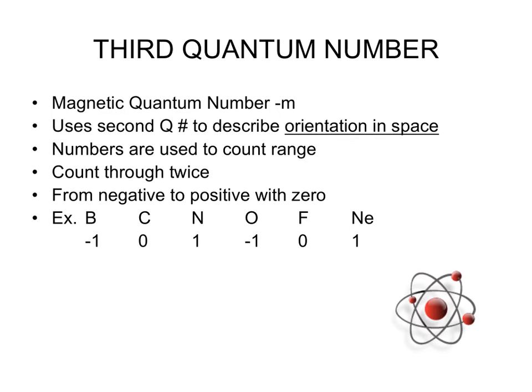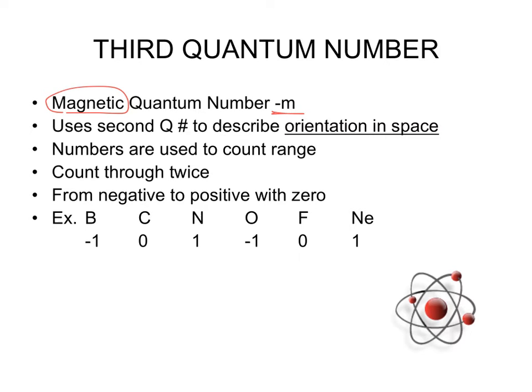All right, so the third quantum number is called the magnetic quantum number, and it has the symbol M. This one is talking about the orientation in space of a particular set of orbitals. In the first part, we did energy level and shape.